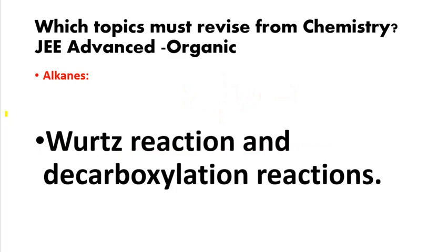And next one here, Wurtz reaction and decarboxylation reaction. So these are direct name reactions, just look at them. In most cases decarboxylation reactions are frequently given in JEE and JEE Advanced chemistry. Okay, so just look at decarboxylation reactions.